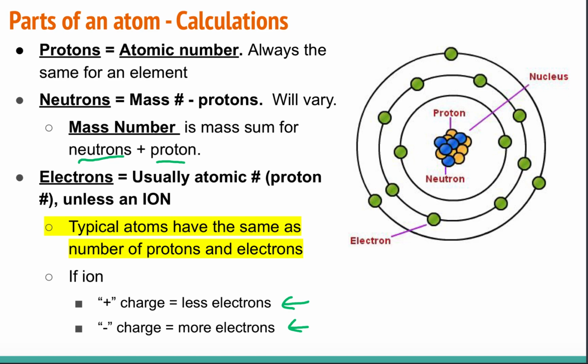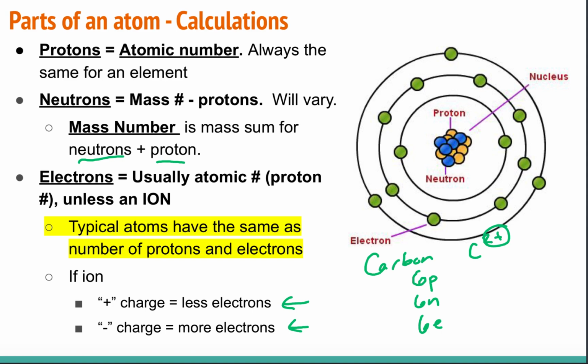But if you have a positive charge on an atom, remember the proton number is a base number. So let's say we have carbon, and that has 6 protons, 6 neutrons, and 6 electrons normally. In this case, if I have carbon 2+, that means it has 2 extra charges than it normally has.